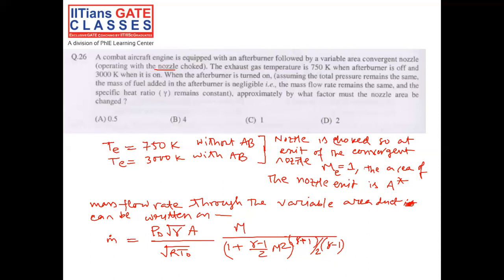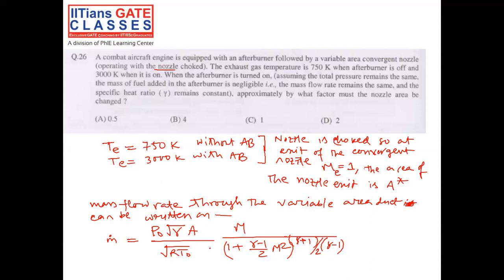naught is basically the chamber pressure, A is the area of the nozzle, T naught is the chamber temperature, that is total temperature, M is Mach number of the nozzle at a particular area, where we are trying to find out the mass flow rate, and gamma is ratio of specific heat.